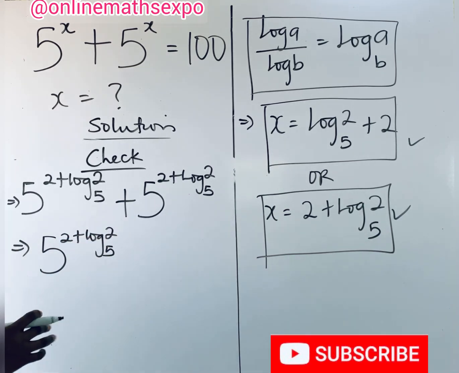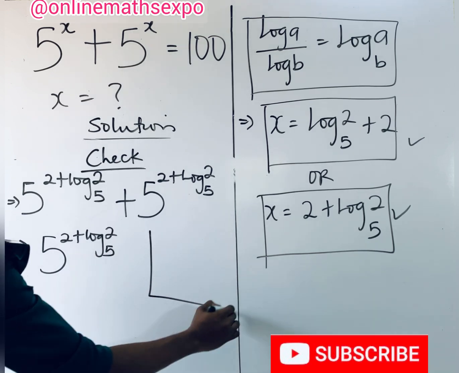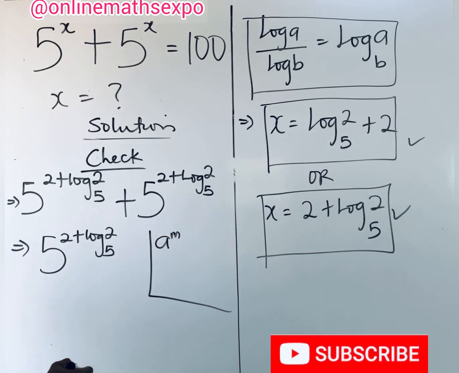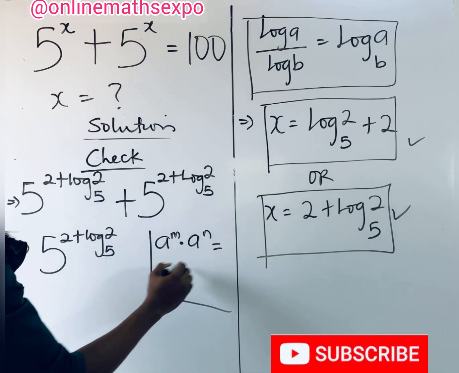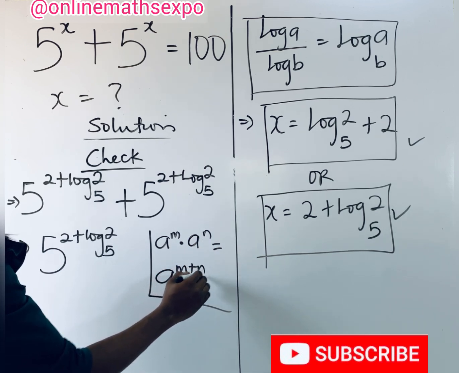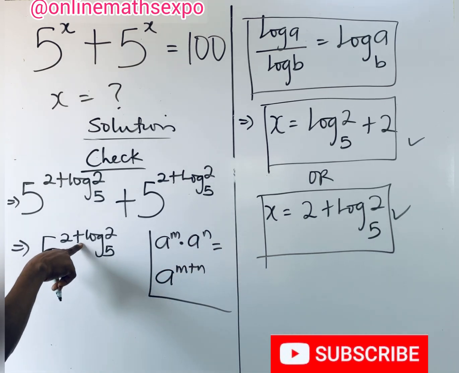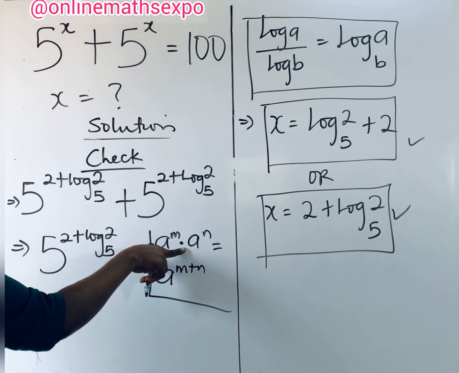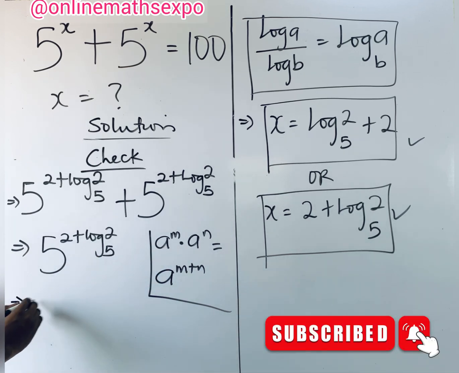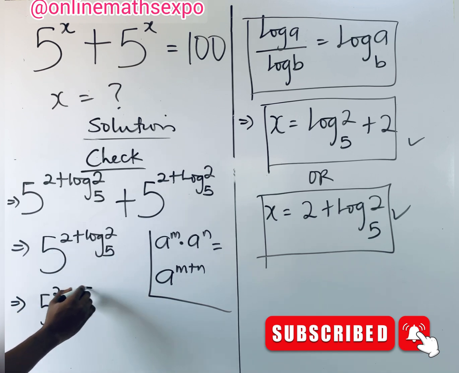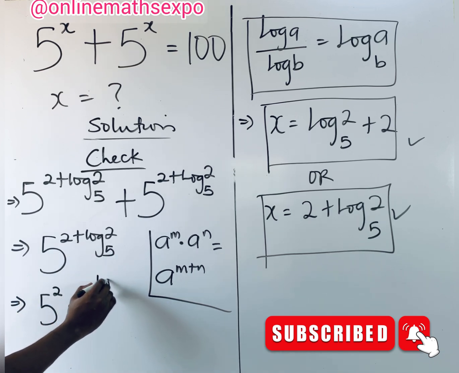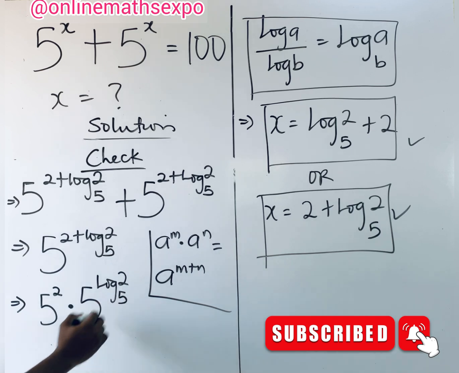Also remember that for every a to the power of m multiplied by a to the power of n, it gives you a to the power of m plus n. So you see that this power is adding. So split it back to this form. It will give you 5 to the power of 2. This addition turns to multiplication. So you have 5 to the power of log of 2 base 5.